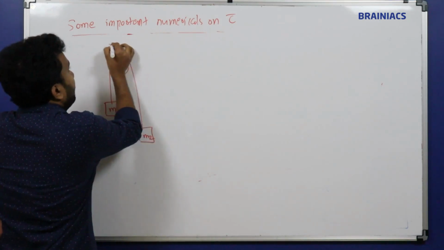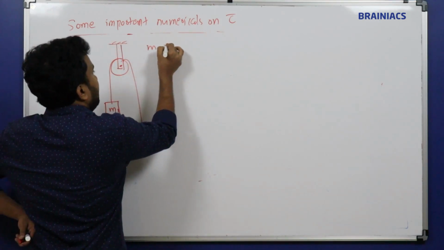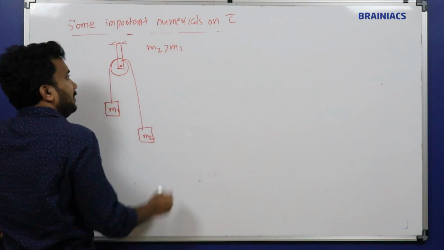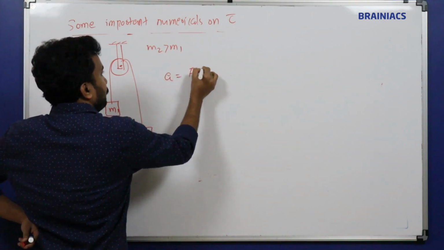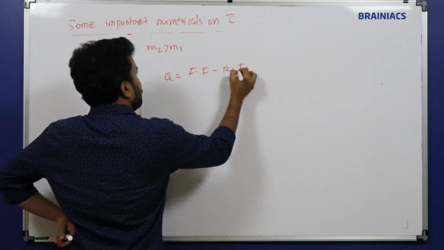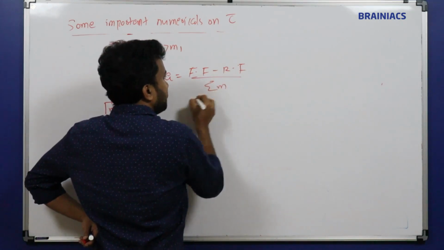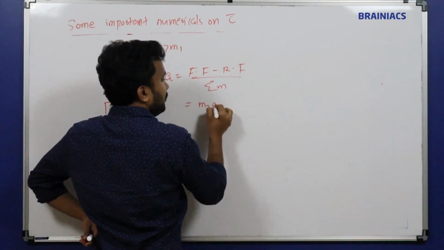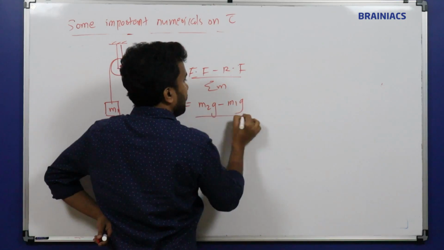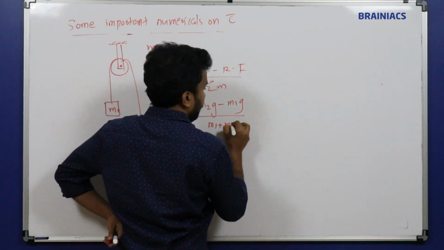We know m2 is greater than m1, this is the criterion. So acceleration is equal to forward force minus reverse force divided by the sum of the masses. Forward force is m2g, reverse force is m1g, sum of the masses is m1 plus m2.